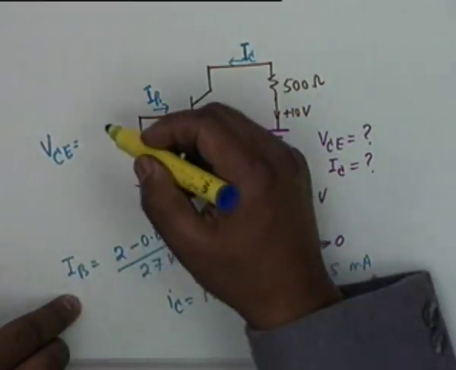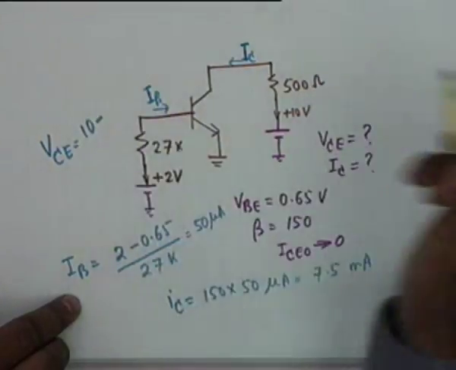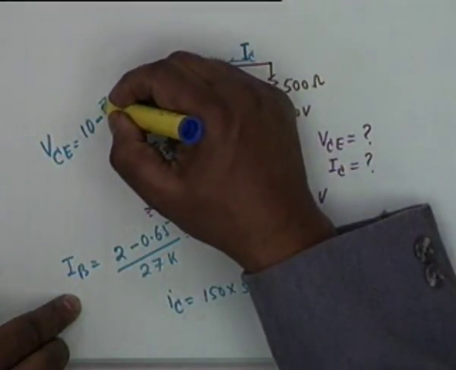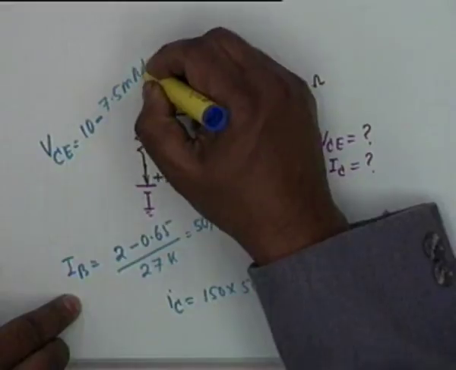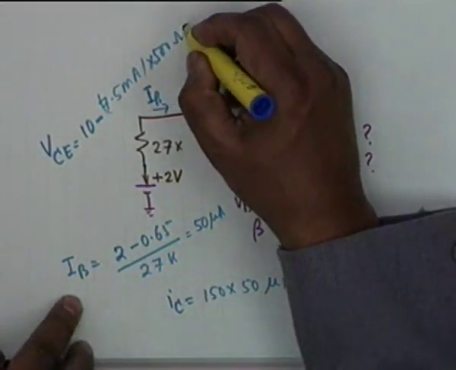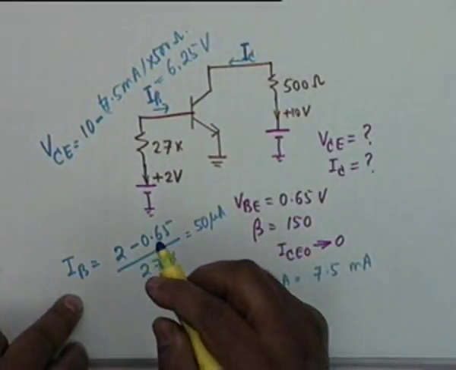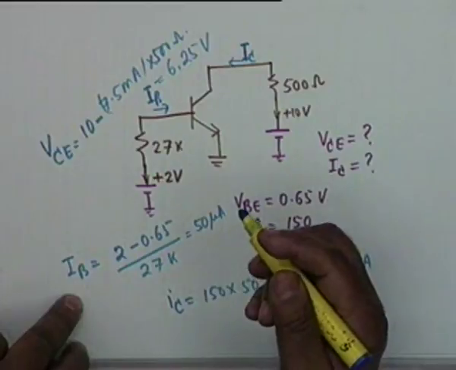That would be equal to VCC, 10, minus 7.5 milliamps multiplied by 500 ohms, and this comes to 6.25 volt. We have solved the problem.